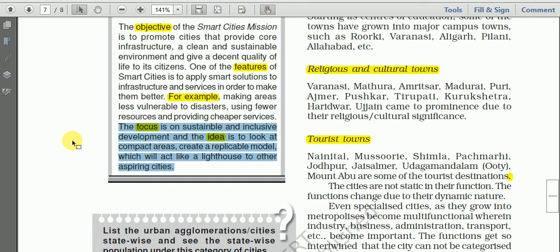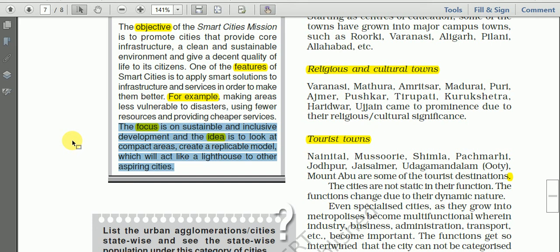And the idea is to look at the compact areas and create a replicable model. Replicable model means we must make a model city, and from that model city, others can imitate. Replicable means to reproduce or make a copy, to make a city equivalent to that model.